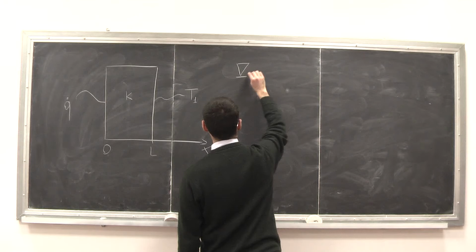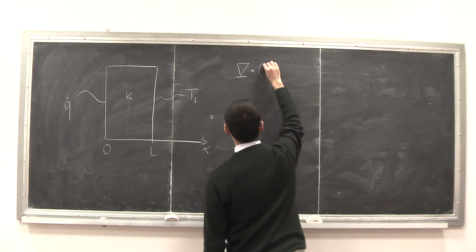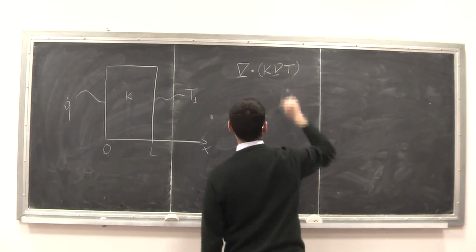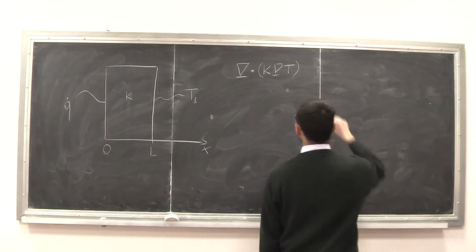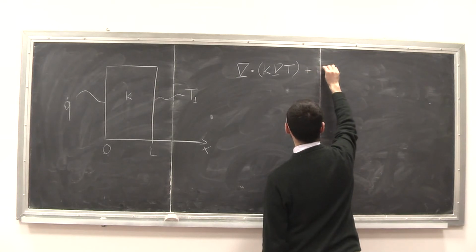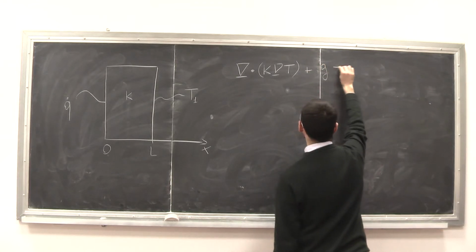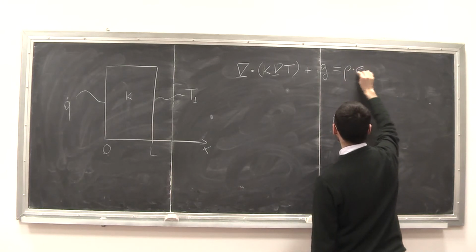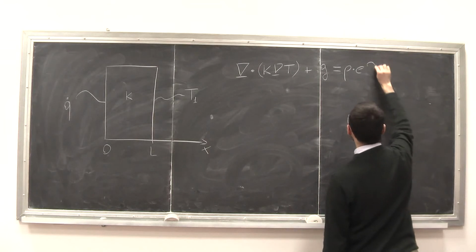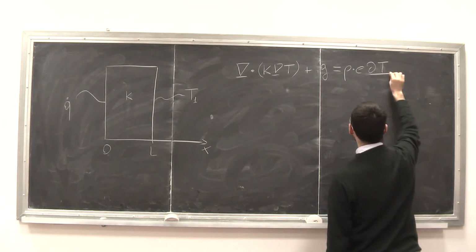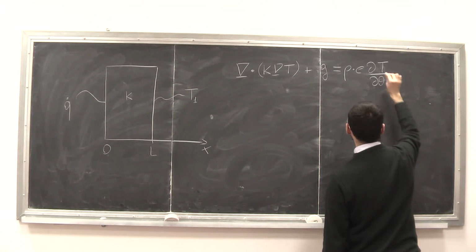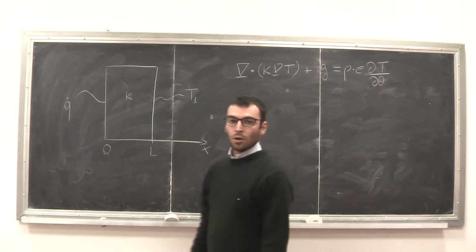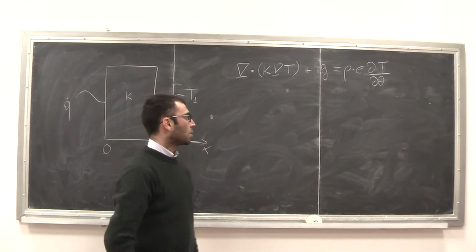So we have nabla scalar K gradient of temperature, which is the divergence of the temperature, plus volumetric heat generation is equal to rho density times specific heat times the derivative of temperature with respect to the time, let's call it theta. So this is our equation.